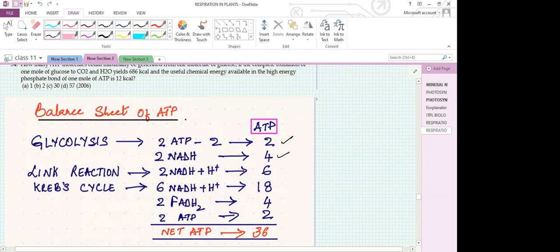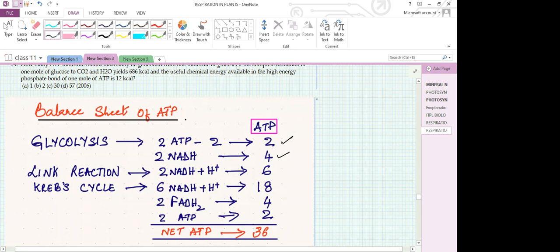In the Krebs cycle, how many? 6 NADH and H plus. Remember, glycolysis is only NADH, and here NADH and H plus. So 6 threes are 18. Now FAD produces, 2 FADH2, 2 twos are 4, and 2 ATP in the SLP, substrate level phosphorylation, when succinyl-CoA becomes succinate.